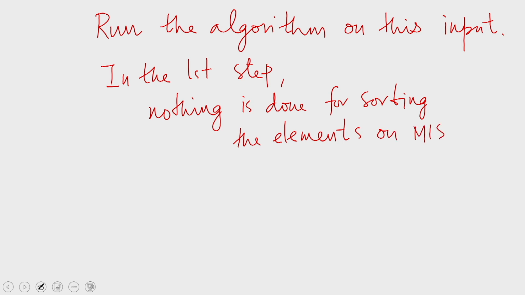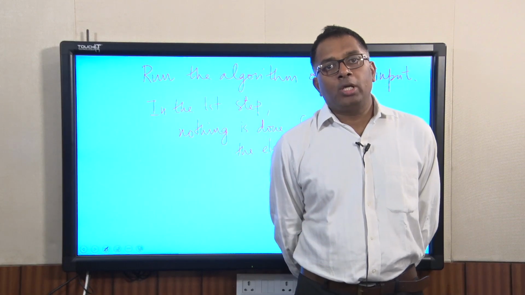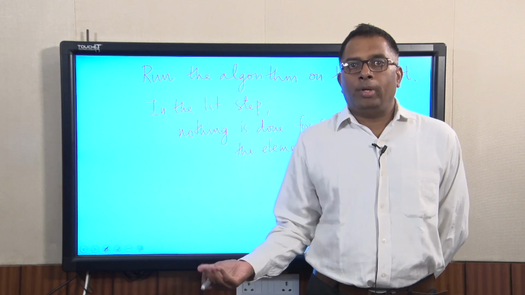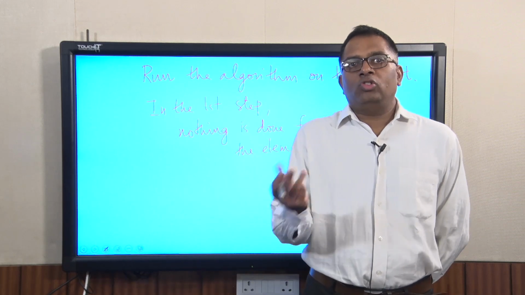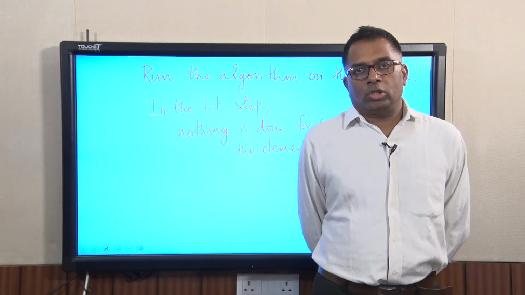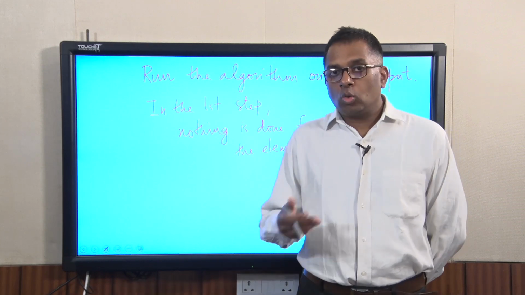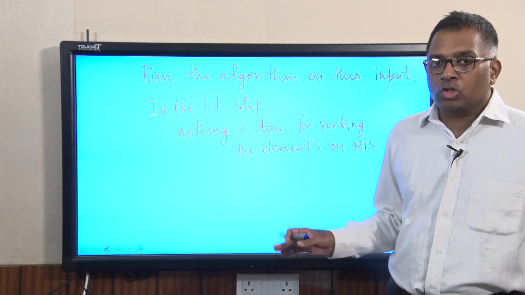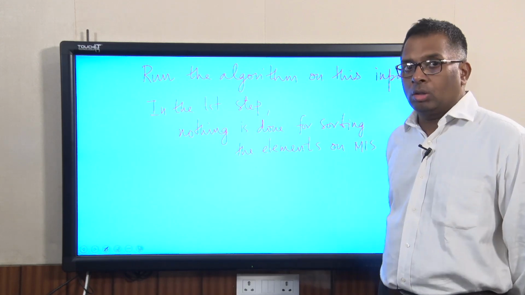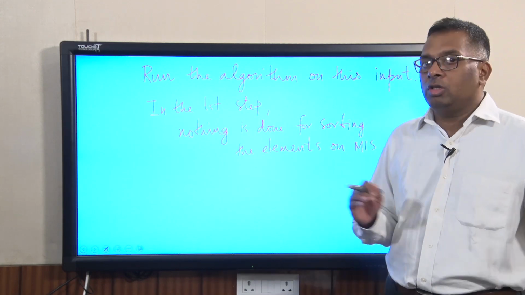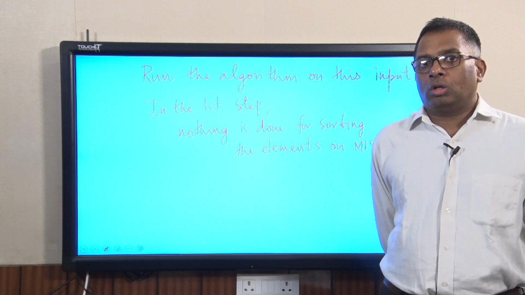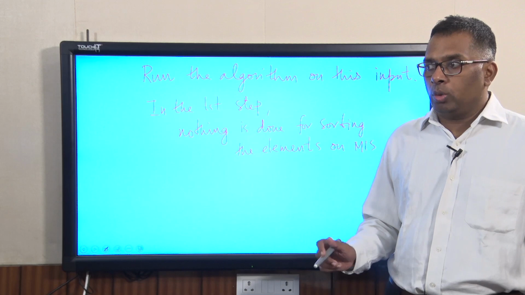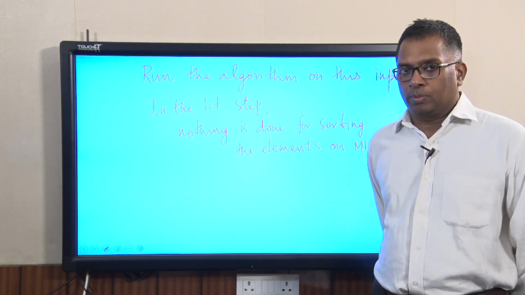Because the elements that are placed on the maximal independent set are not being compared in the first step. The maximal independent set in particular is an independent set, therefore, no two vertices belonging to it are adjacent to each other. What it means is that these two are not being compared in the first step. Therefore, these x elements will not be compared with each other. Since we are not comparing these x elements with each other, what it essentially means is that your algorithm is not doing anything towards sorting these x elements.